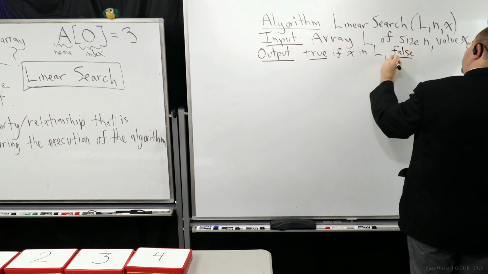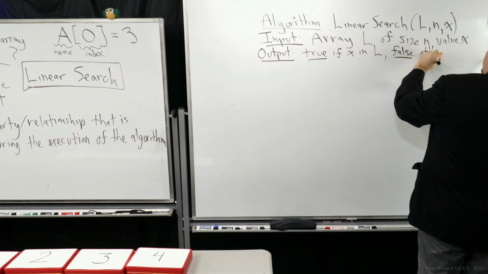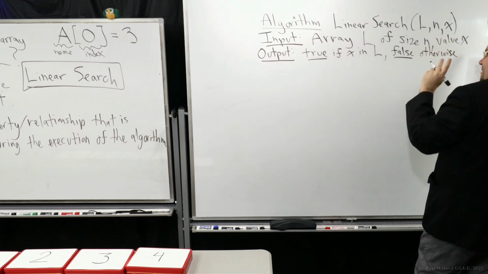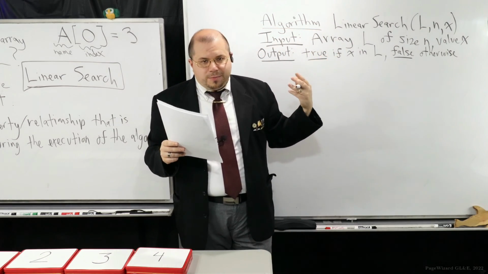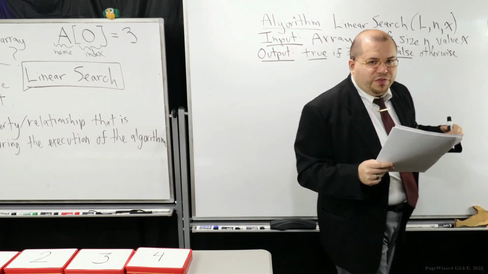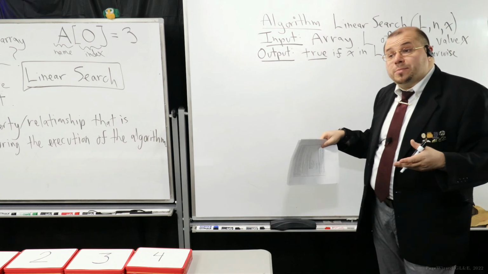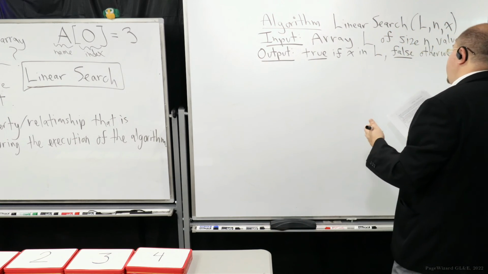So it's either going to give you a true or false. If x is in one of the boxes, like we had over here, then the algorithm will return true. Otherwise, it returns false, meaning that it's not in any one of the positions of the array.